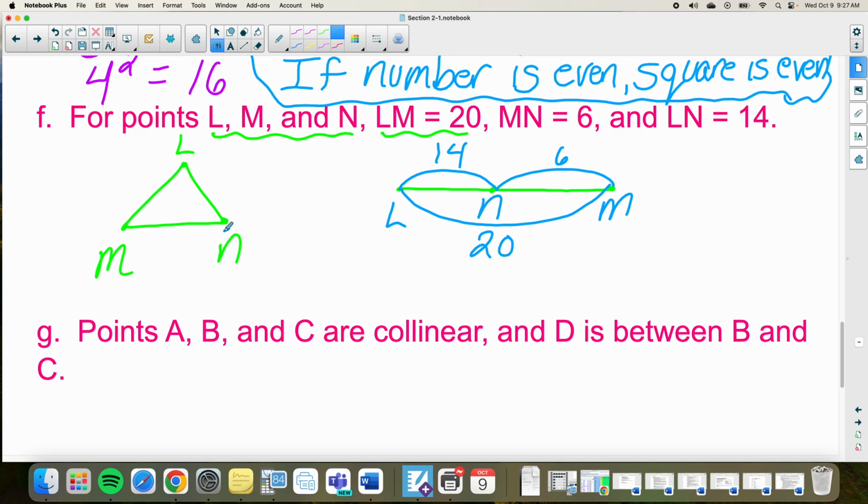If this was like 10, 6, and 20, that would tell you that your 3 points would not be on the same line. Okay? So what we would write for our answer here is L, M, and N are either, you could say, on the same line or collinear.